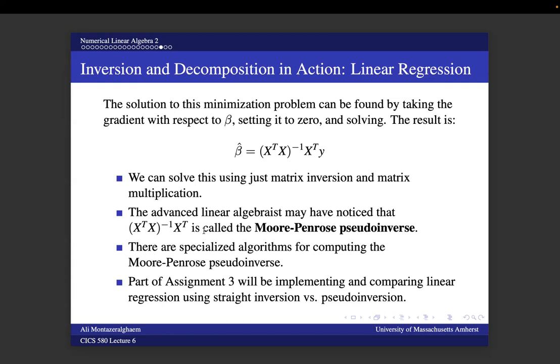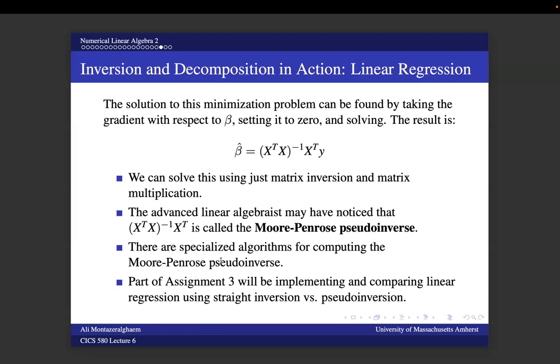You can find the solution for this part of the formula, x transpose x inverse times x transpose, which is called the Moore-Penrose pseudo inverse, and there are some algorithms to compute this part of beta hat.